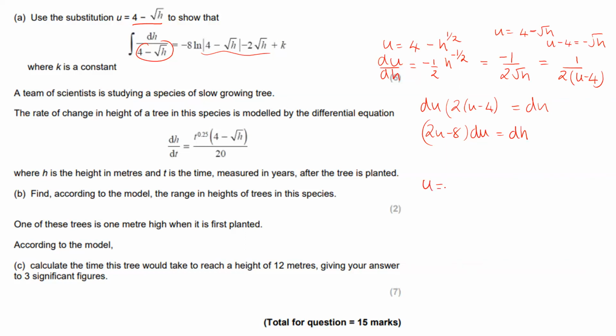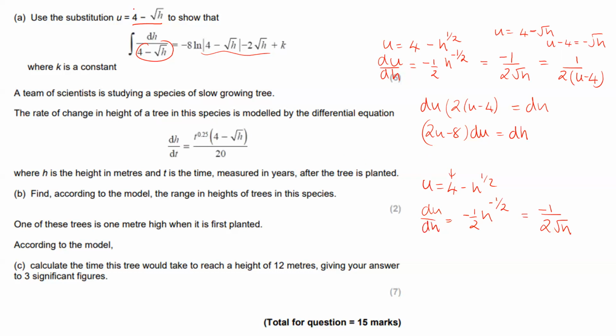So if u is equal to 4 minus h to the half, du by dh, well, 4 differentiates and goes out. We're going to get power down, minus half h, take 1 off, minus a half. So the minus a half means it's going to go underneath. So this is just going to be minus 1 over 2 root h.